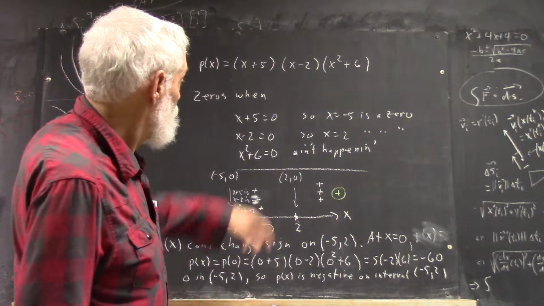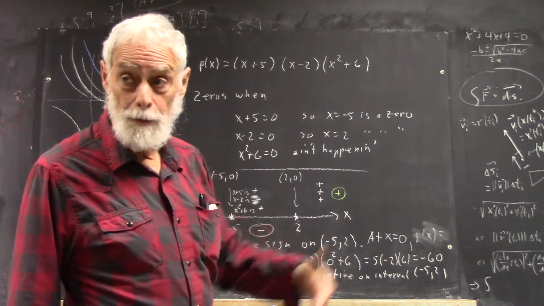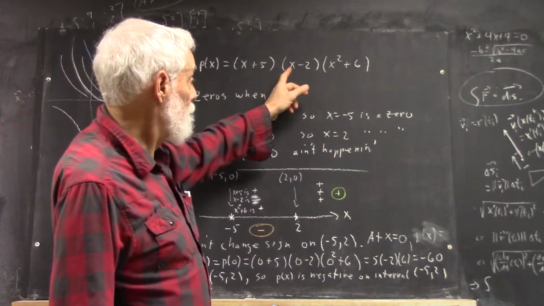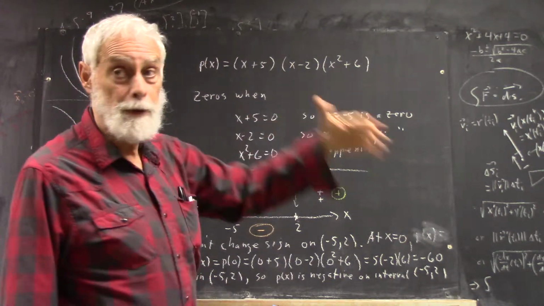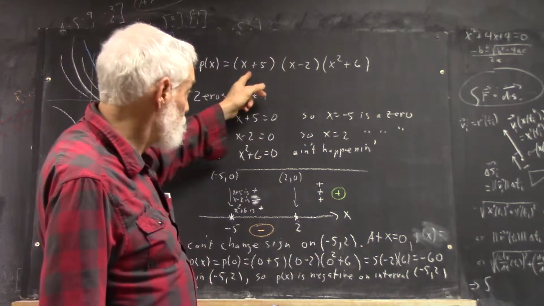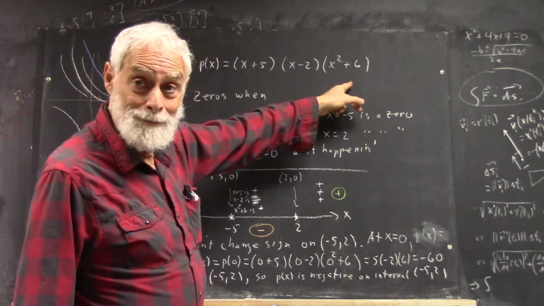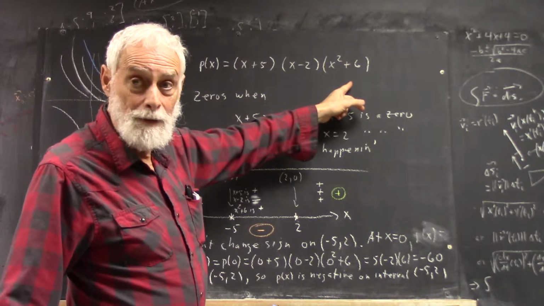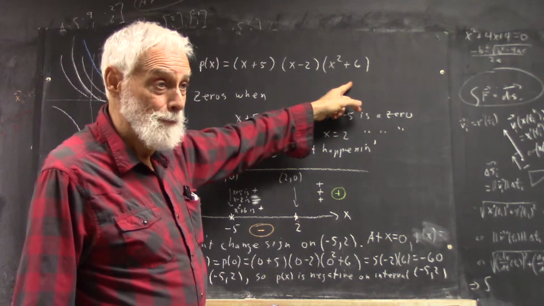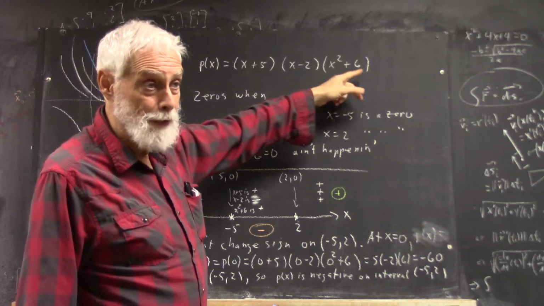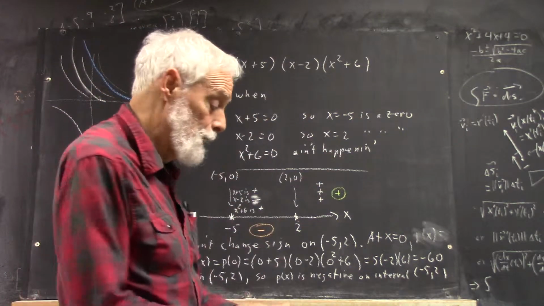Okay, now if x is less than negative 5, well, it's negative, right? Anything less than negative 5 is negative. And if I add anything negative to negative 2, I'm going to get a negative, right? So this is negative. This is negative. This is always positive. I square a number, whether positive or negative, I get a positive number, right? The smallest thing I can get for x squared is 0, and if I add that to 6, I still have a positive number.